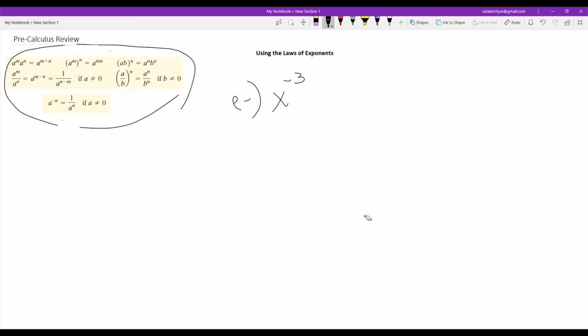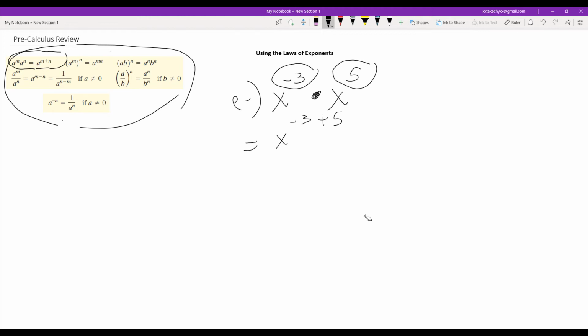You have the same base, which in the formula is referred to as an a. That means you can simply add the exponents, right? So what is this equal to? Well, x to the negative 3 plus 5. And of course that is simply equal to x squared. Simple as that.